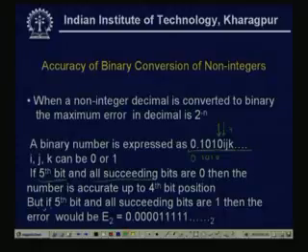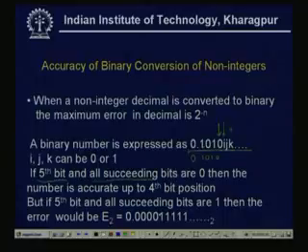Now if the 5th bit and all succeeding bits are 1, then the error would be 0.0000 and then all ones. So actually these are not zeros. If they are 0, we can easily discard those values, but if i, j, k are 1, then I cannot discard them, I am approximating those values. So there must be some error introduced in the binary number.